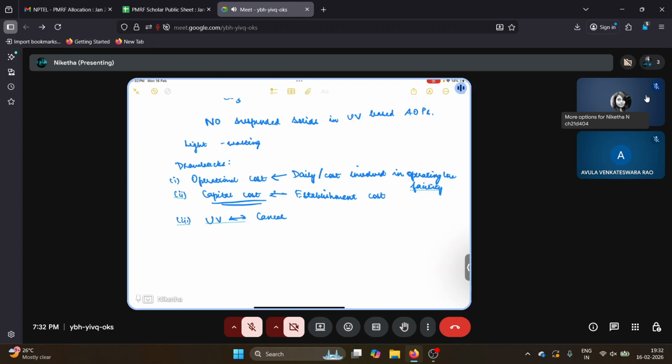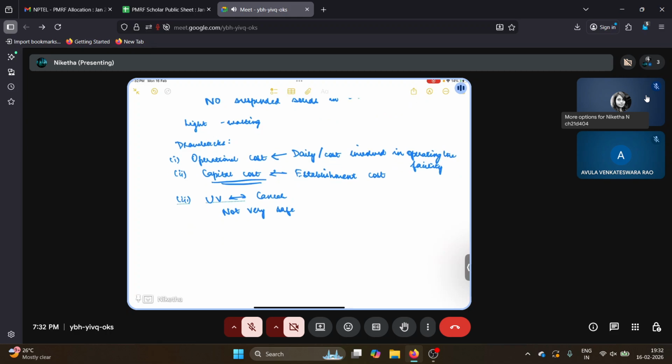It is not very safe, especially for those who are operating it, laborers, etc., who have to work in a UV treatment plant. They need to be extra careful. They have to wear extra protection. They need to be wearing sunscreen, all this to prevent the UV radiation from damaging their skin cells.